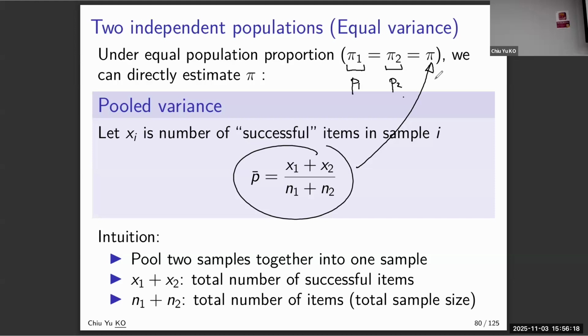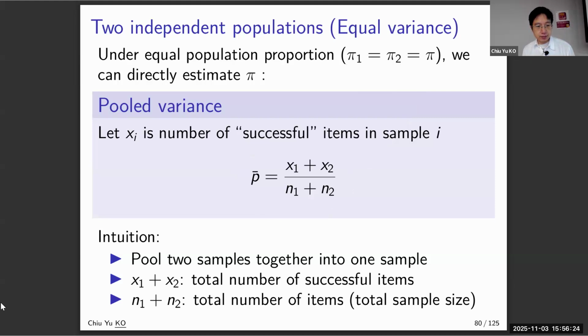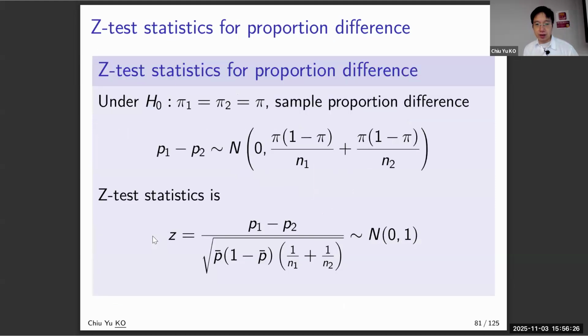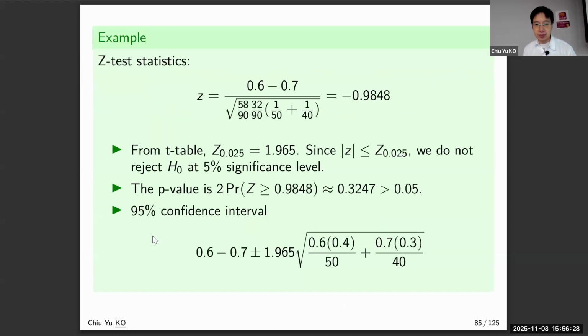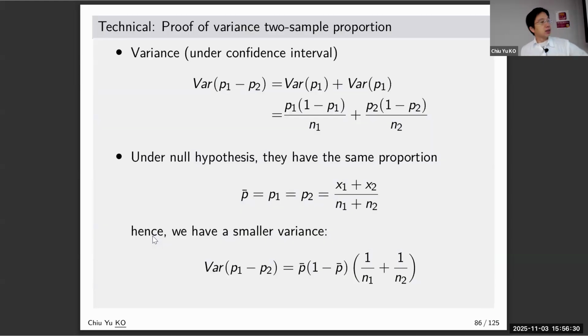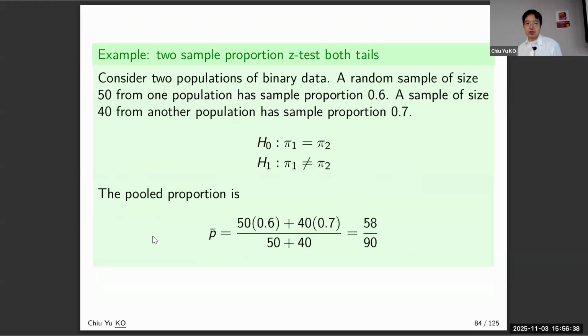Okay, this is the better estimate. I think I proved that somewhere. It's the most efficient one, which means a smaller variance. Actually, I have the proof, but I guess you don't care.